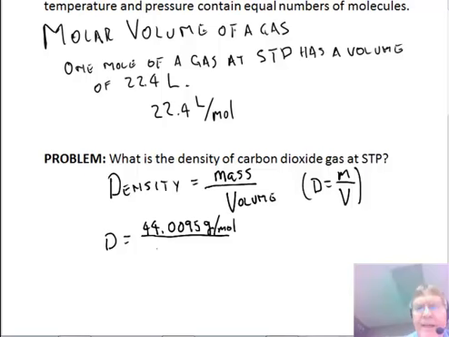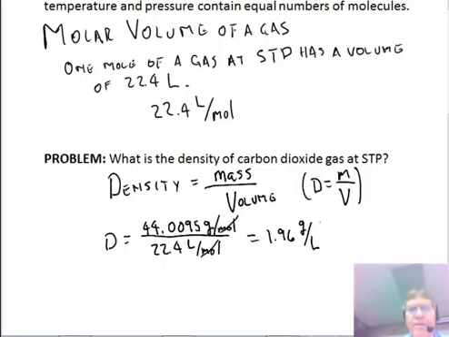And if we divide that by the volume, which is 22.4 liters per mole, our moles are going to cancel out here, and we get 1.96 grams per liter for the density of carbon dioxide.